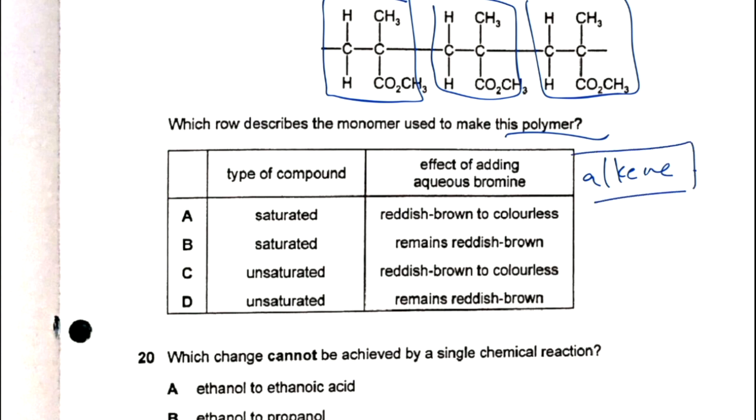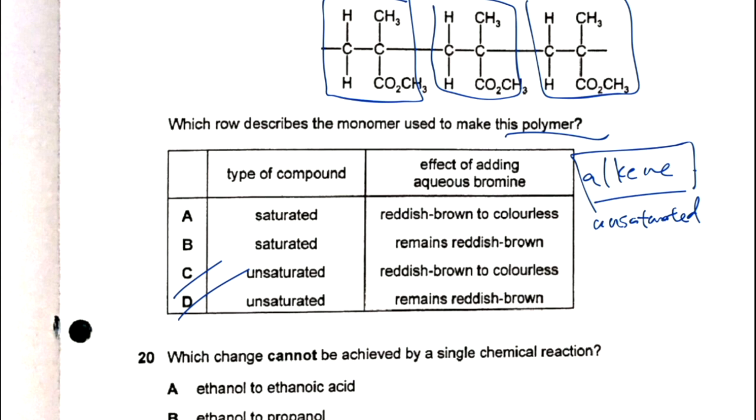Alkene undergoes polymerization. You must remember, alkenes are unsaturated, whereas alkanes are saturated. So it's either C or D, 19.